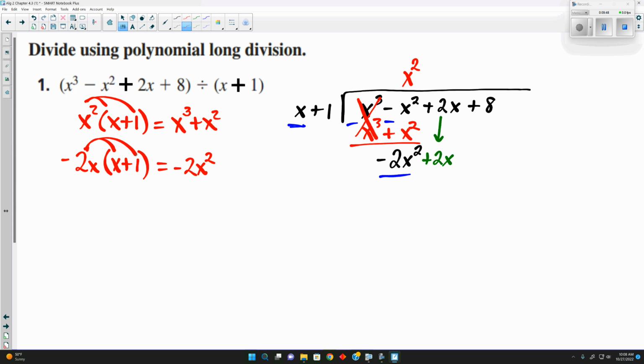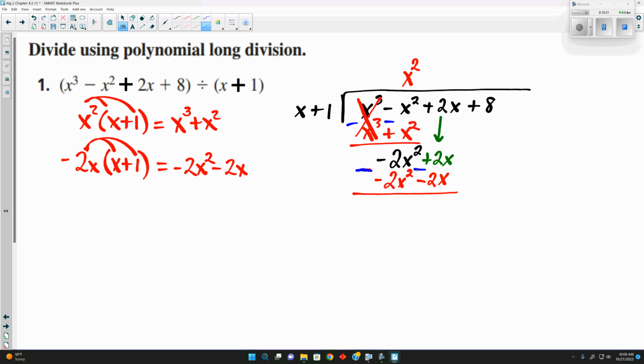Negative 2x times 1 is going to be negative 2x. So we're going to have negative 2x squared minus 2x. And then we're going to subtract again.